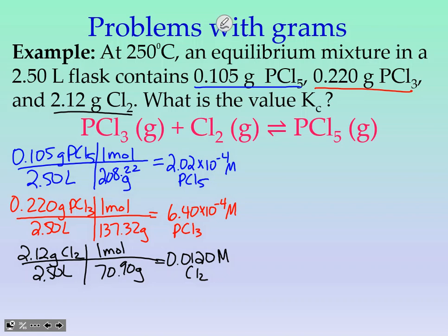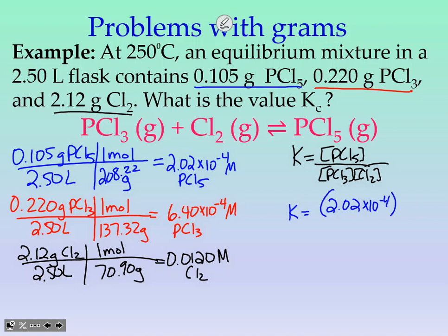So we do K equals the concentration of our product over the concentration of our reactants, multiplied here, set that up. And then we plug in the values. That's going to be 2.02 times 10 to the minus 4 on the top.